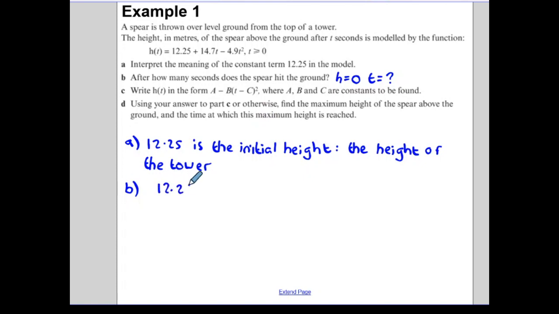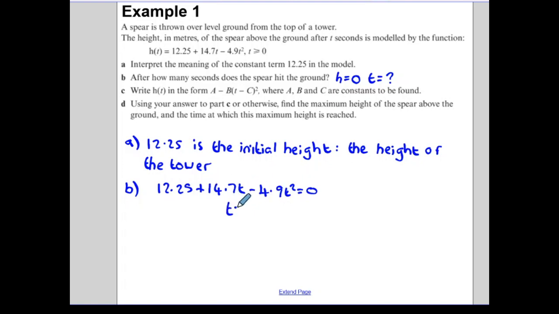12.25 plus 14.7t minus 4.9t squared equals 0. So you can just put that in your calculators, with a equal to minus 4.9, b 14.7, c 12.25.